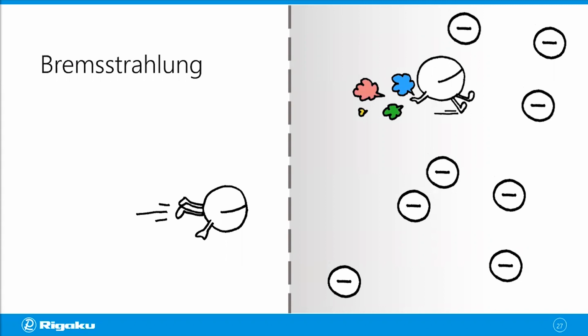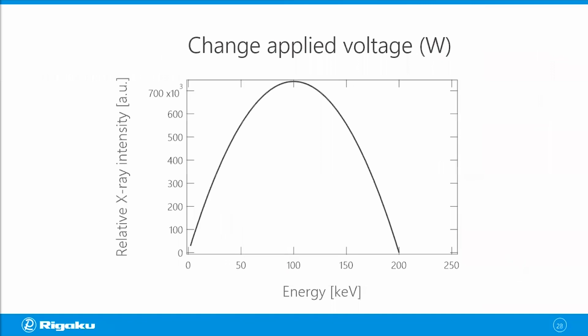If you do a relatively simplified calculation for this energy distribution, it would look like this. We're assuming that the target is tungsten, and we're applying 200 kV. One thing to notice is that when you apply 200 kV, your peak energy is about 100 kiloelectron volt, or keV.